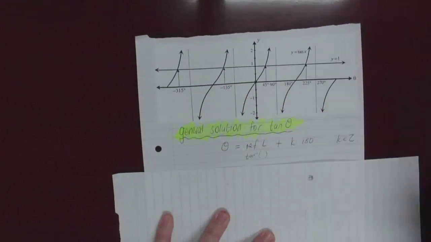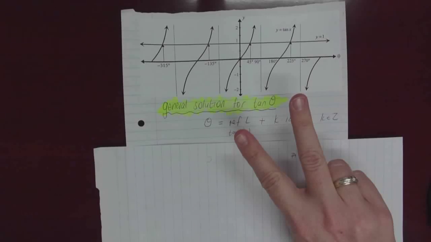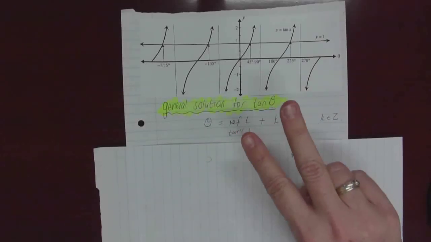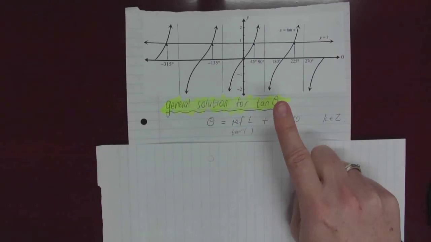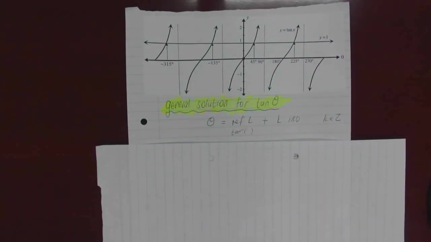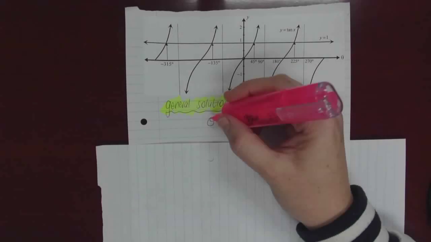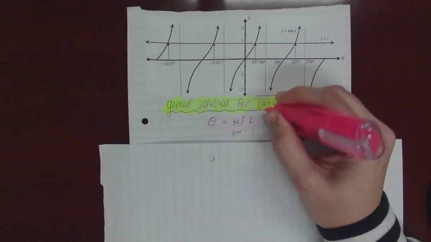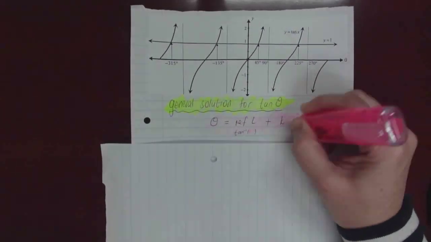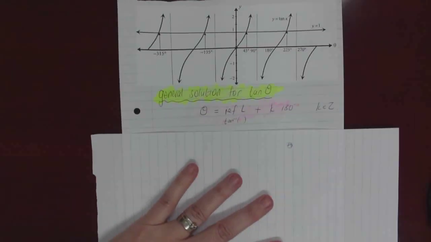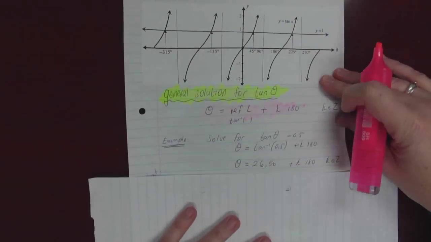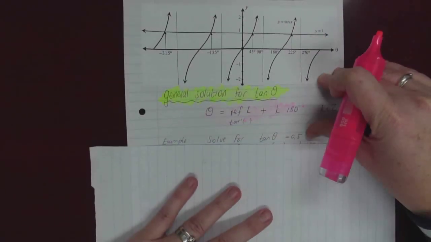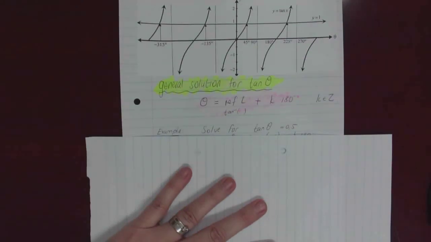Where sine and cos had two options, tan, my special child, only has one answer. So the general solution for a tan equation will be my reference angle plus k times 180, and k is part of the integers.